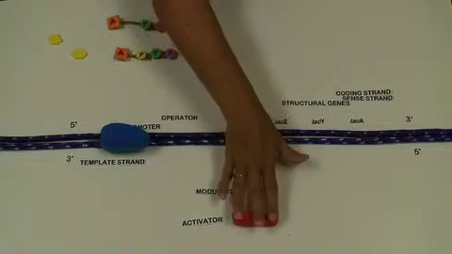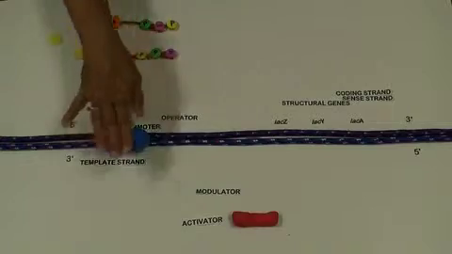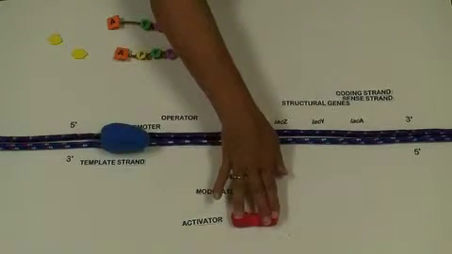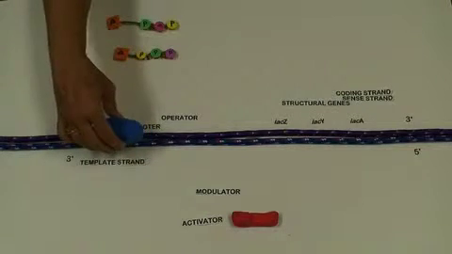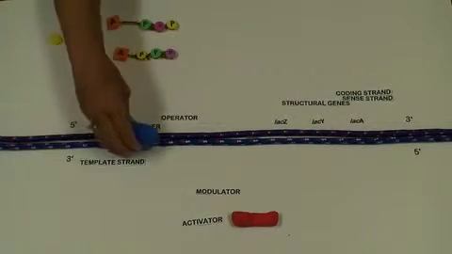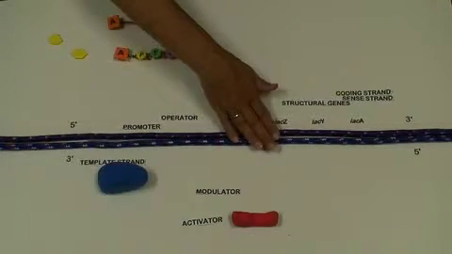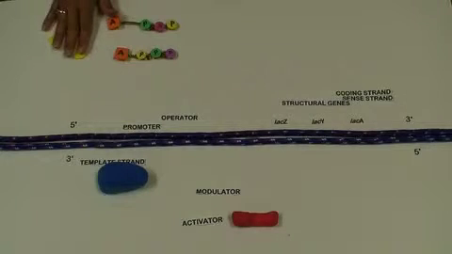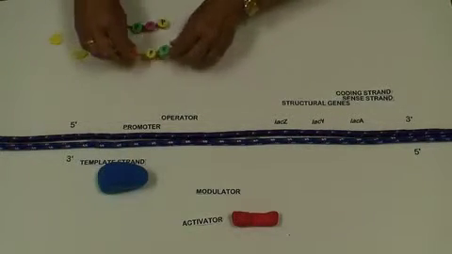It's not able to bind. And because it's not able to bind, we're not getting really good transcription. All right, the RNA polymerase, remember this is a weak promoter, isn't really binding very well, so we're not getting efficient transcription. That's because there's glucose available, and because there's glucose available, we're making ATP, and we're a happy camper.